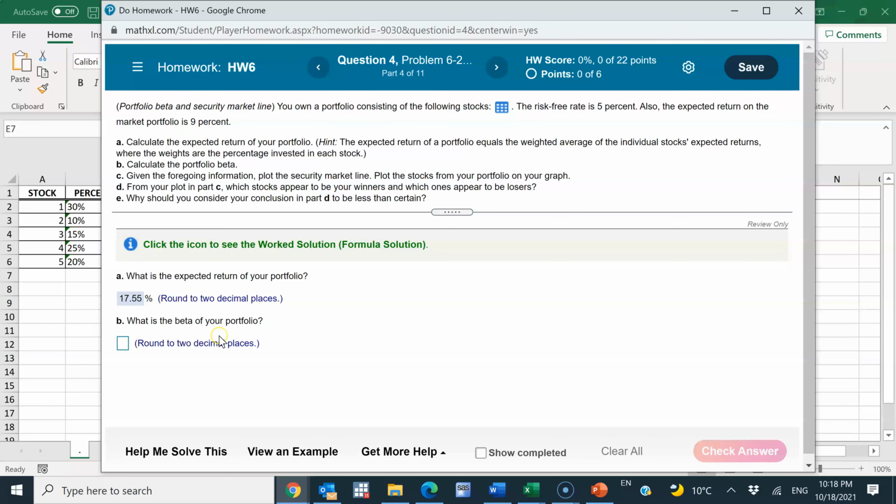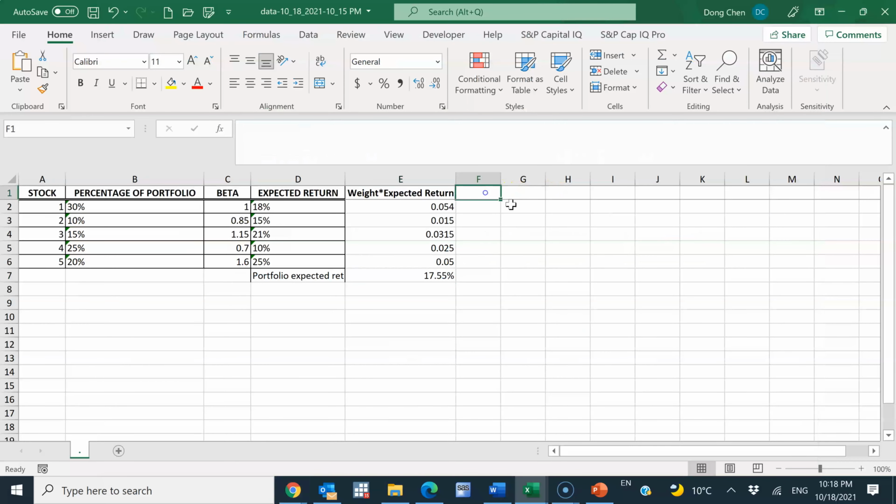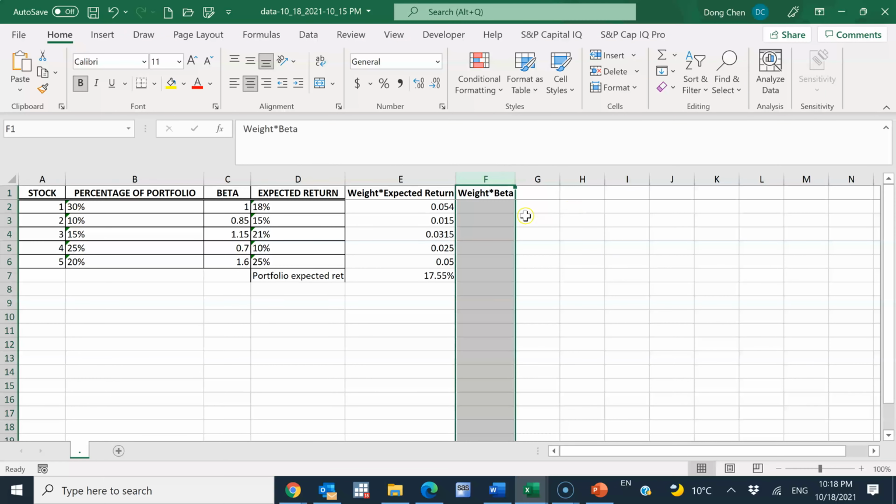And continue, what is beta of your portfolio? So beta can be similarly calculated. It's weight times beta, right? It's also a weighted average. The only difference is that instead of multiplying by expected return, now we're multiplying by the beta of the corresponding stock.